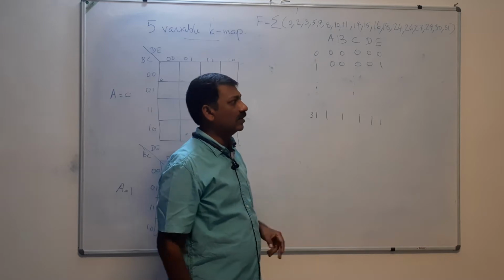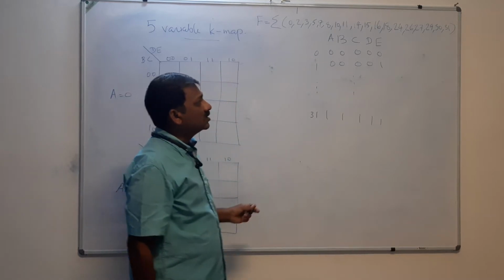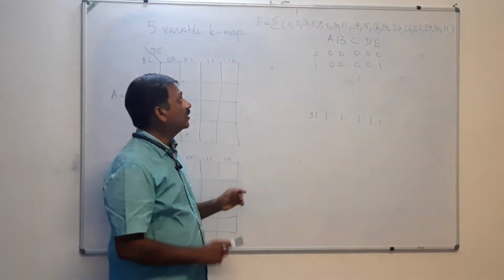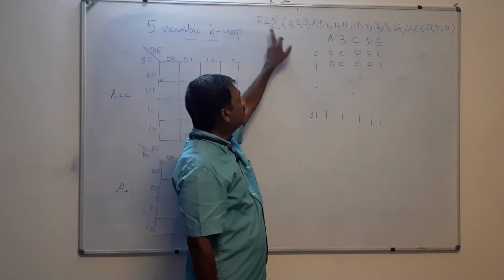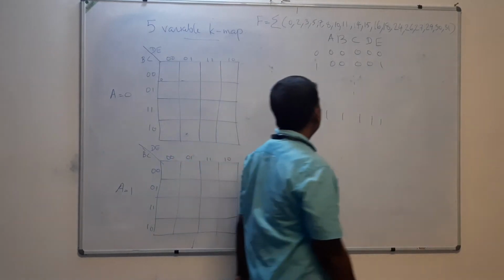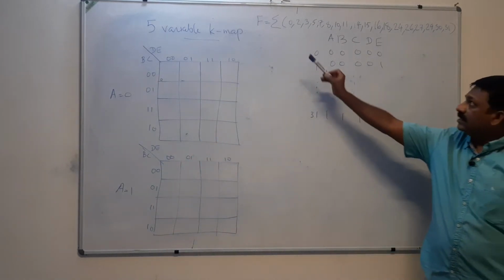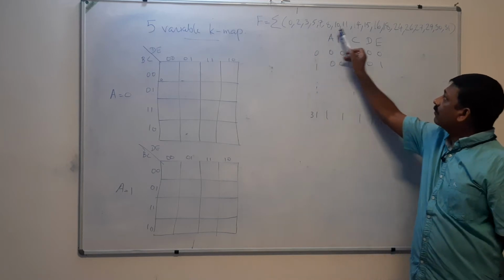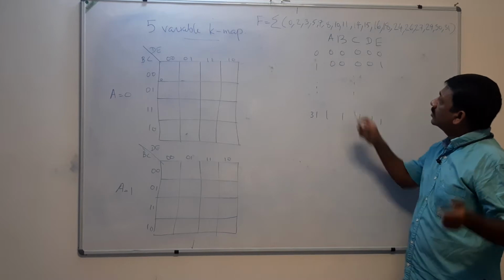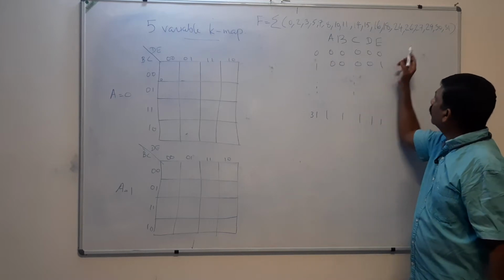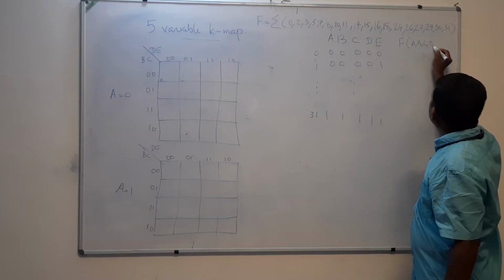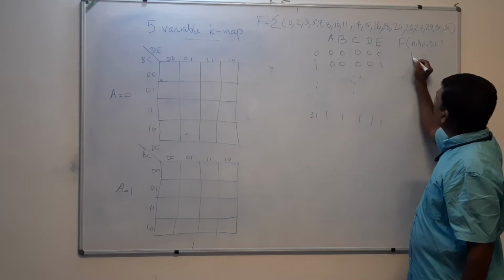0 to 31. Now suppose that we have five variables, and here the function is the sum of those products. Those products are designated as 0, 2, 3, 4, 5 etc. For 0, that means 0 0 0 0 0, the function of A, B, C, D, E returns 1.